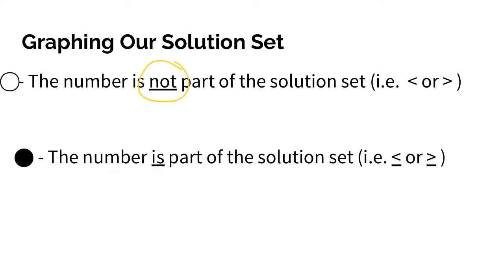So for example, if your symbols were less than or greater than, you would have this open circle to show that everything is right up to that number, but not including that number. On the other hand, you're going to use a closed dot if the number is part of your solution set. So for example, if you have symbols that are less than or equal to or greater than or equal to. And that shows that that number is part of that set and everything beyond.